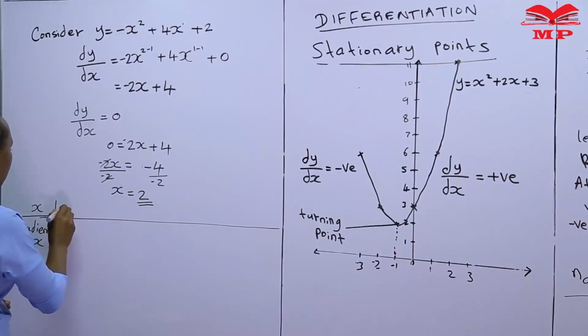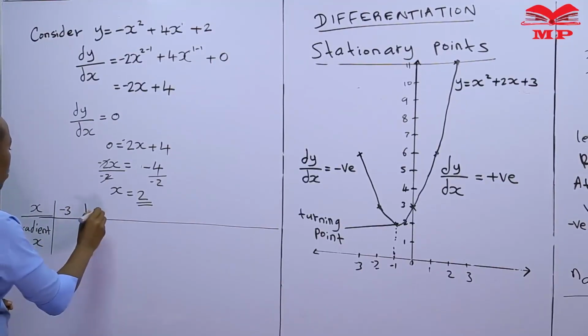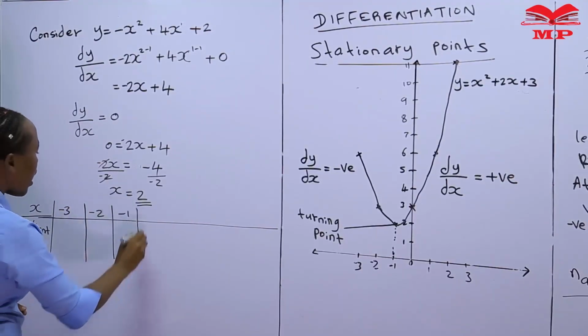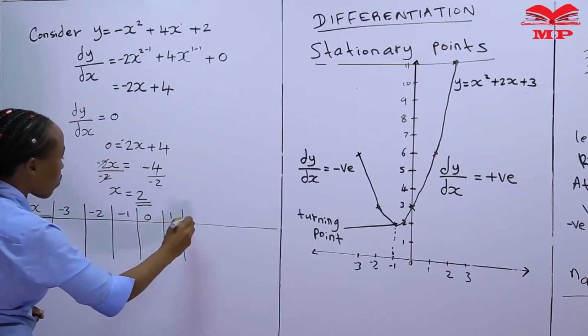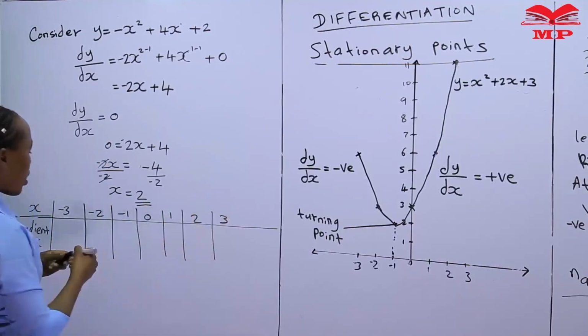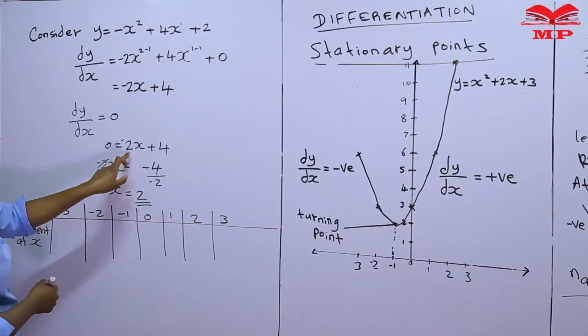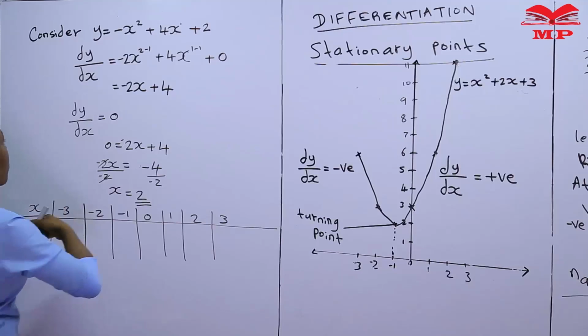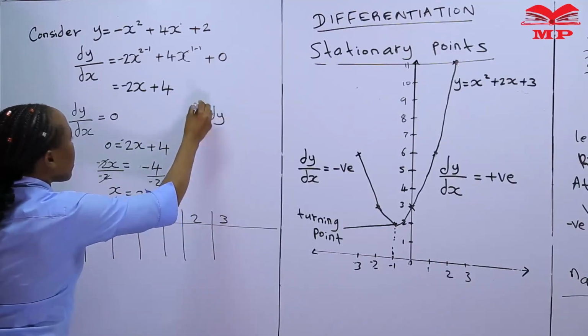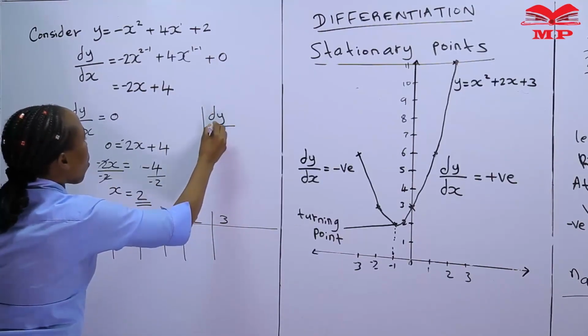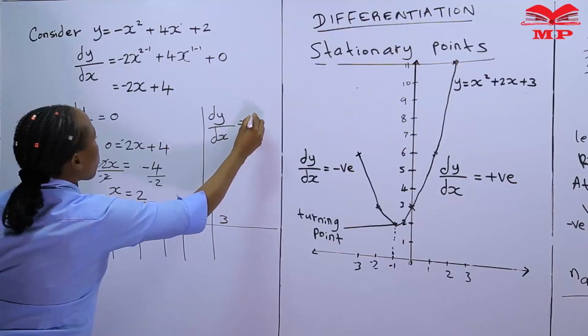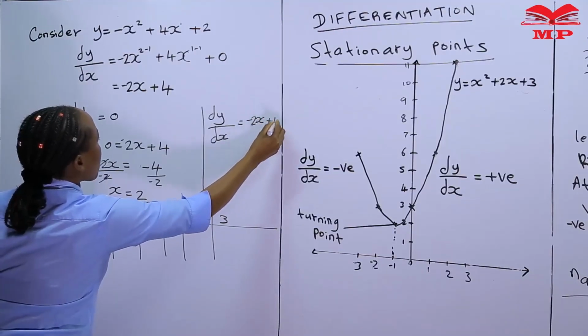We can start with negative 3, with values on the negative side and also on the positive side, 1, 2, up to 3. When our x is negative 3, the gradient function dy all over dx is equal to negative 2x plus 4.